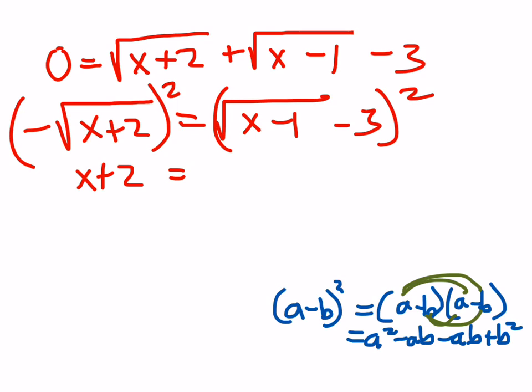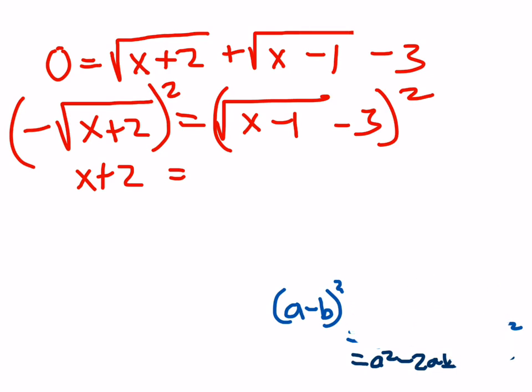And when we simplify that, we get a squared minus 2ab plus b squared. That's one that you're probably going to want to have memorized. So let's put that together: we have this equals a squared minus 2ab plus b squared.